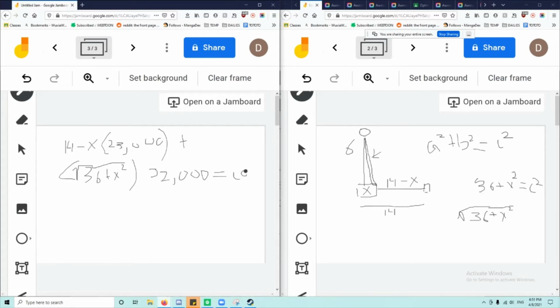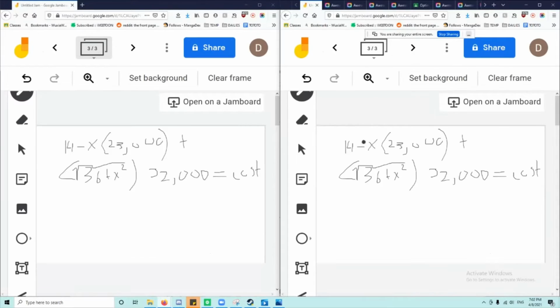This would be the total cost. The normal cost equation, we want to find the most optimal cost for the gas lines to be laid. And in order to do that, we just have to find the derivative. And we can make a new equation with 0 equals.